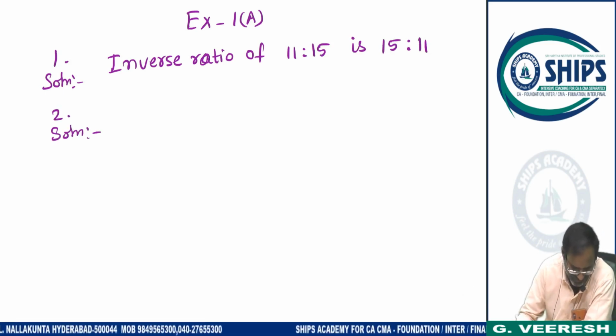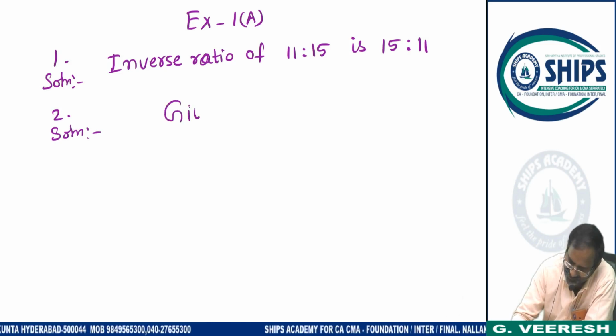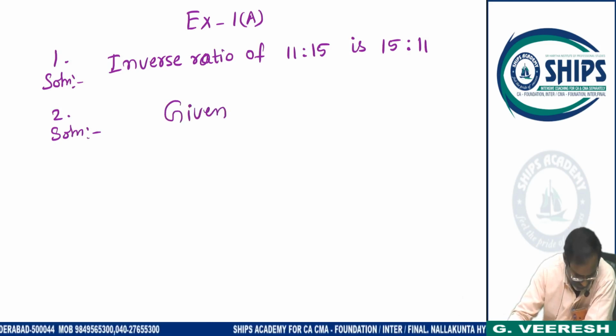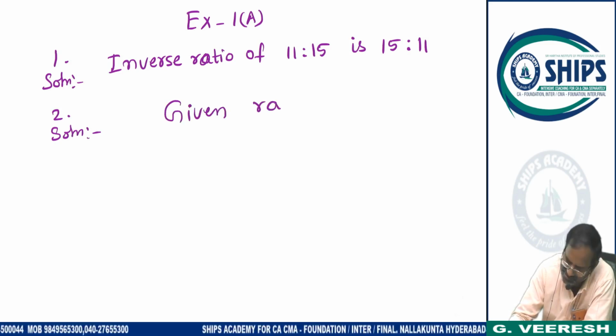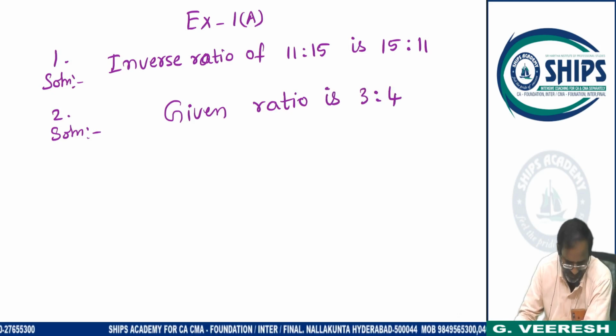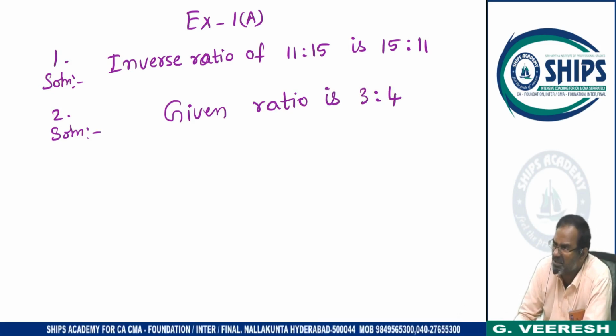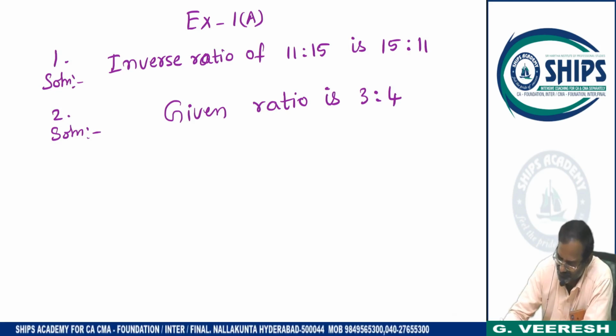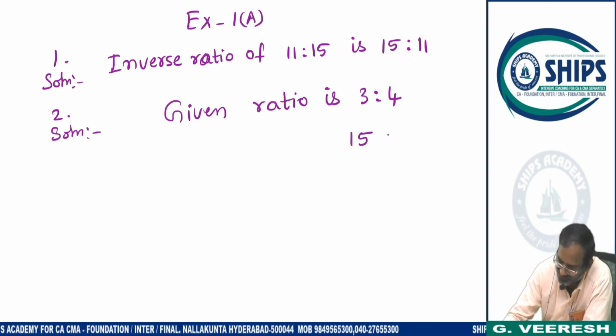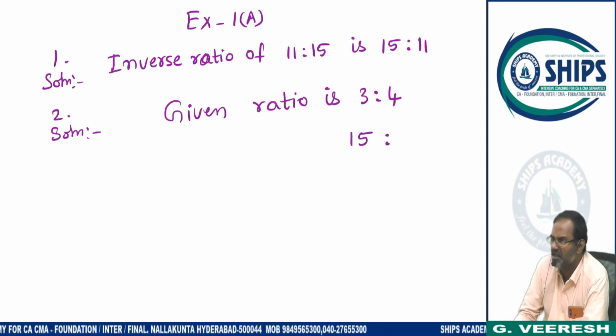Now second one. Given ratio is 3:4, and they have given antecedent 15. Antecedent means which term? First term. So I will write 15 here. 3 how many times is 15? 5 times.